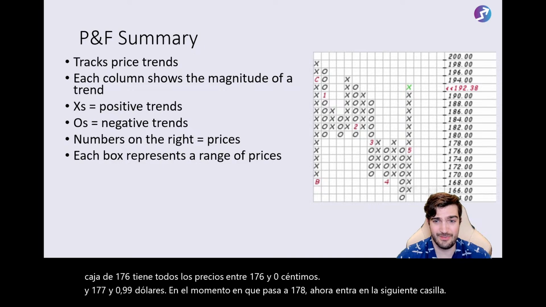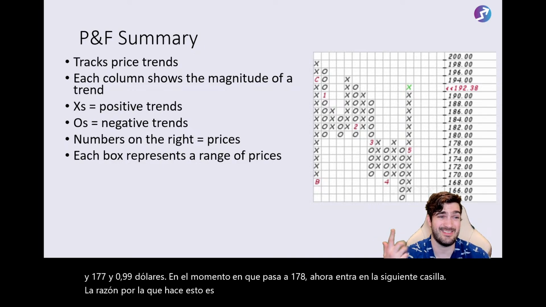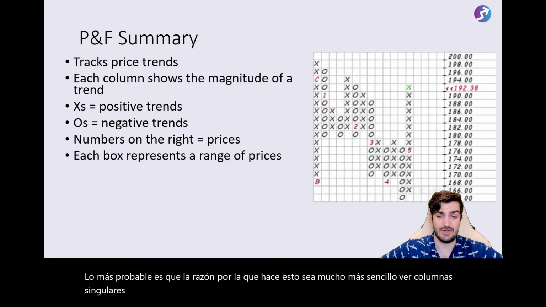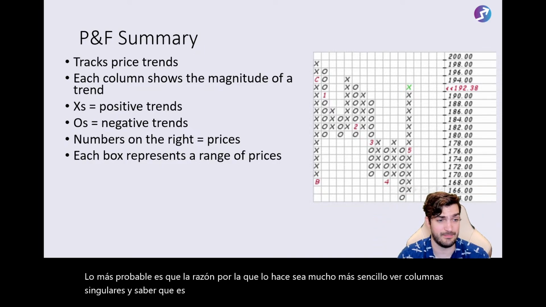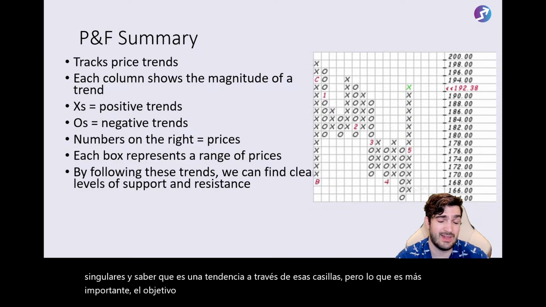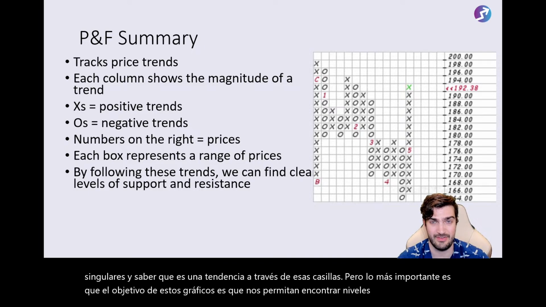The reason it does this is most likely just makes it a lot simpler to see singular columns and know that it is a trend through those boxes. But more importantly, the goal of these charts are that they allow us to find clear levels of support and resistance.